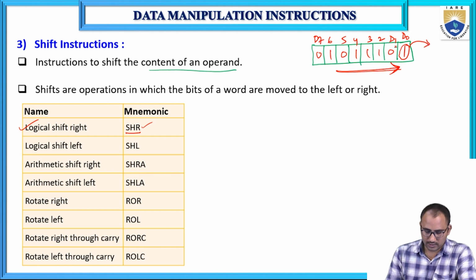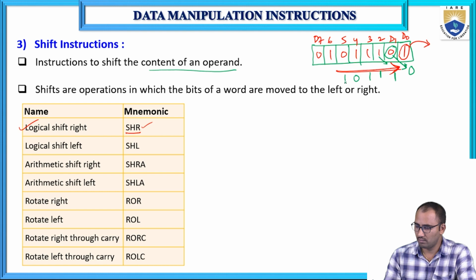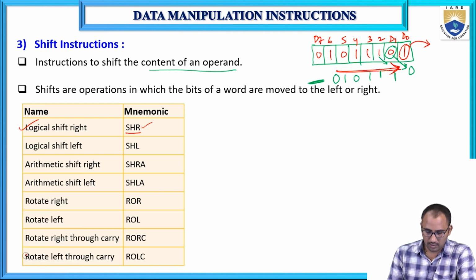Next, the D1 bit position data will be shifted to the D0 position, next D2 comes to D1. Like that, all the data will be shifted to the right side by one position. When you shift the data to the right, the D7 position is empty. It is vacant, so that vacant position is filled with zeros. So that is a shift right.